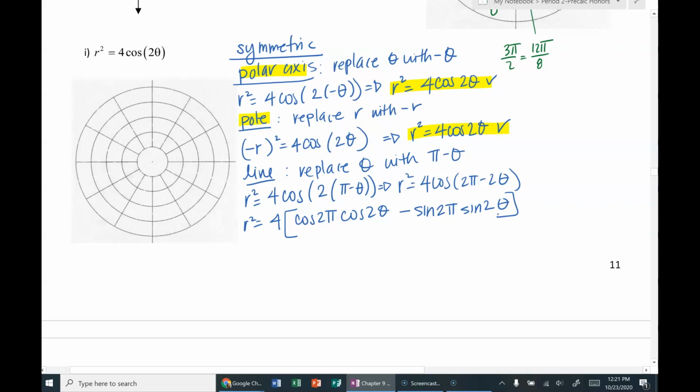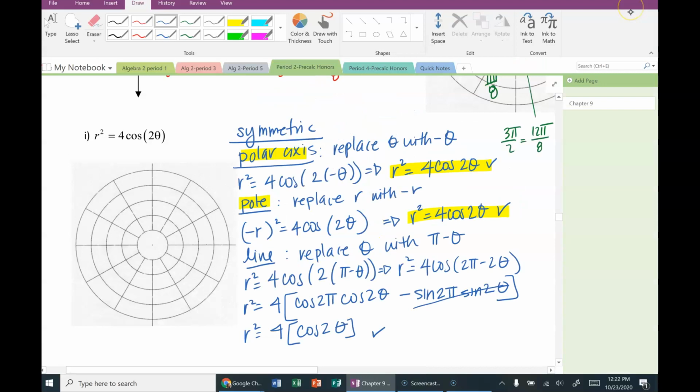Cosine of 2 pi is going to be 1. So r squared equals 4 times 1 times cosine of 2 theta, which maintains the cosine of a double angle. Sine of 2 pi is 0, so that will go away. And so this also works. So all 3 of them work. It is symmetric with respect to all 3.